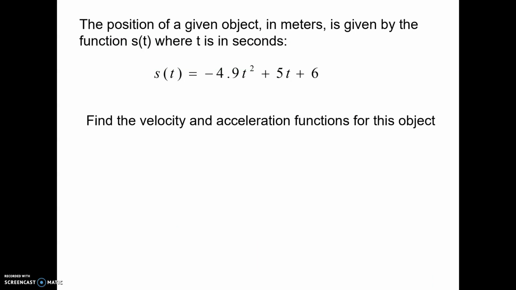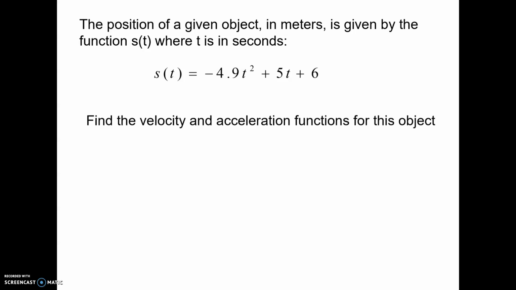Now, the position of an object in meters is given by the s function, where s is equal to negative 4.9 t squared plus 5t plus 6, with t in seconds. Find the velocity and the acceleration of this function for this object. Remember we said earlier in Unit 2 that the first derivative of a position function is the velocity function.